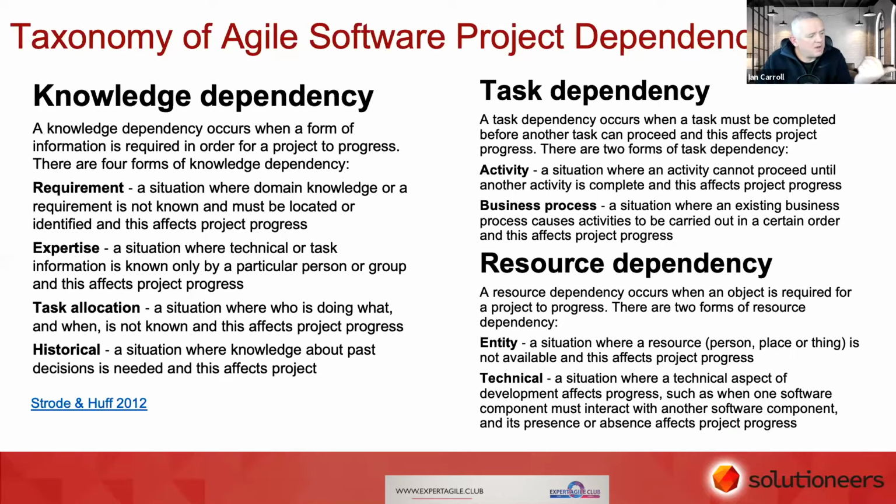Now, there's a paper there that I've got a link to, and I'll include these slides afterwards. It's Strode and Huff, and they wrote a document called the Taxonomy of Agile Software Project Dependencies. It's a really fascinating read, actually, because it helped me to come up with a vocabulary in which I can hold better conversations around dependencies and what we really mean by dependencies.